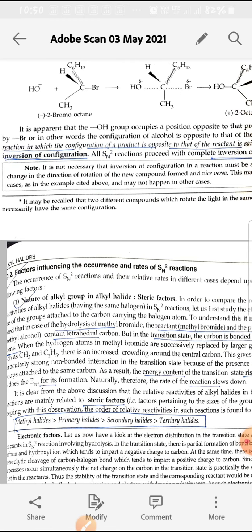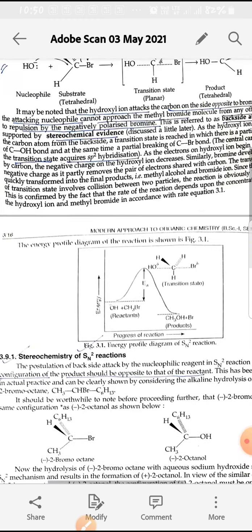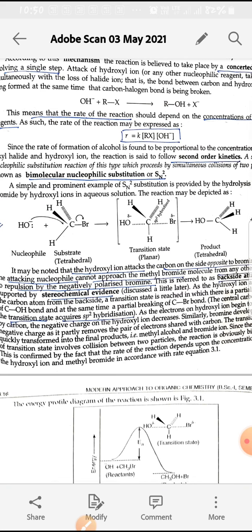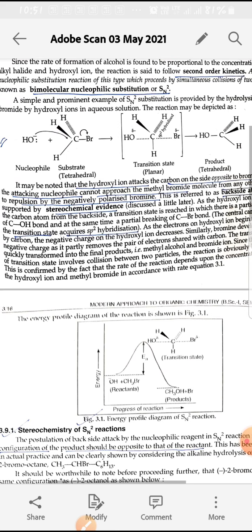In the SN2 reaction mechanism, there is the reactant and the nucleophile. When the nucleophile attacks the substrate, there will be a transition state formation, in which there are 5 atoms, 1 2 3 4 5, whereas in the case of the reactant there are only 4.